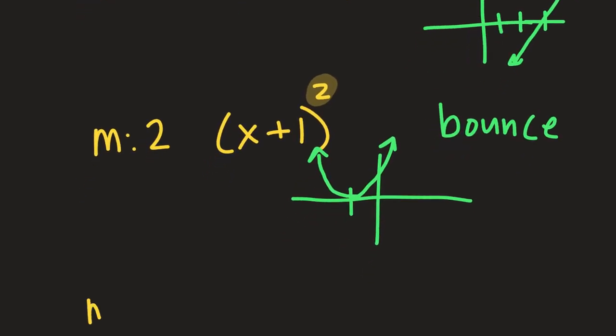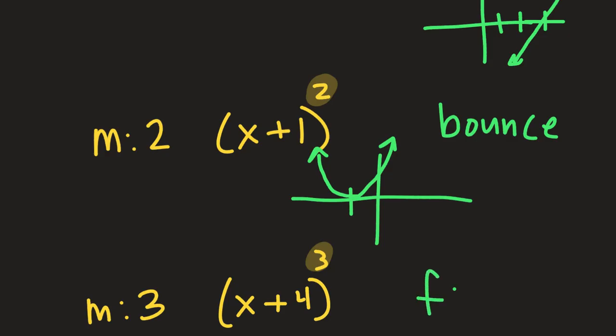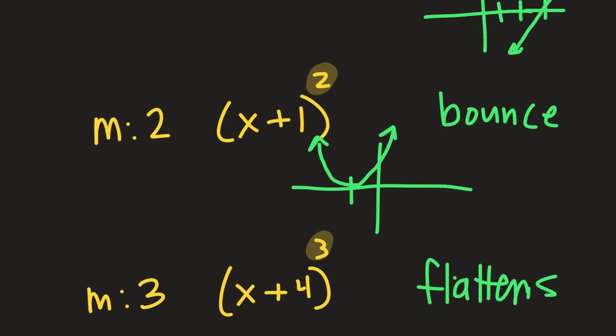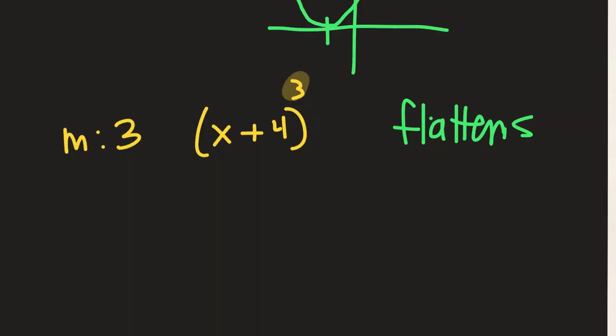And then if we have a multiplicity of 3, like maybe x plus 4 to the third power, we know it's a multiplicity of 3 because of the power on the factor. Then it's going to cross, but it's going to flatten as it crosses the x-axis.